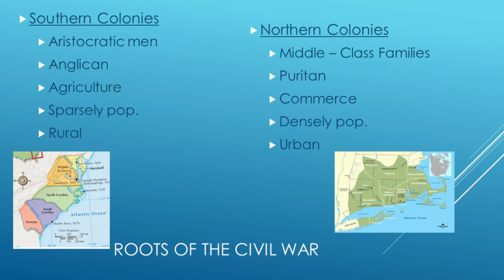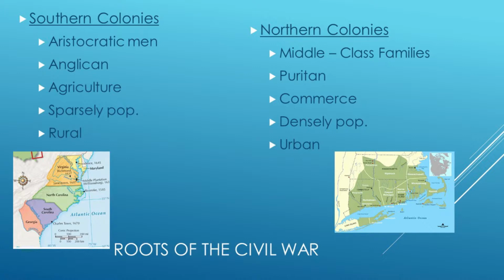In fact, in the next episode, when we talk about the settlement of New England, we're going to see that they were first involved in the slave trade, and that they would be using slaves in the North.